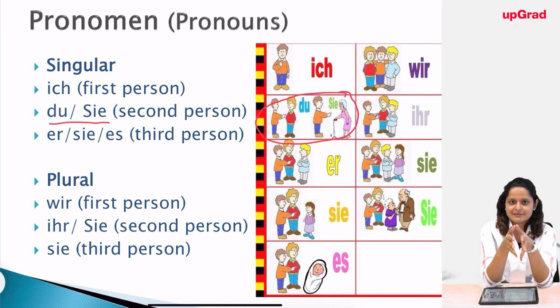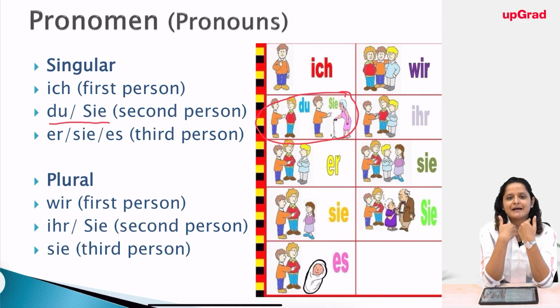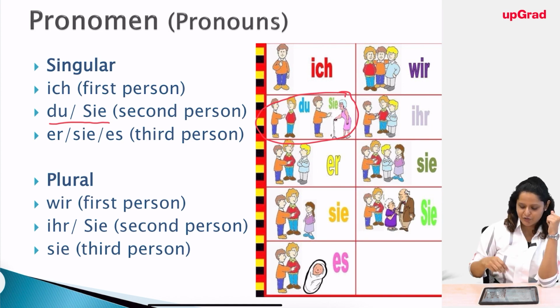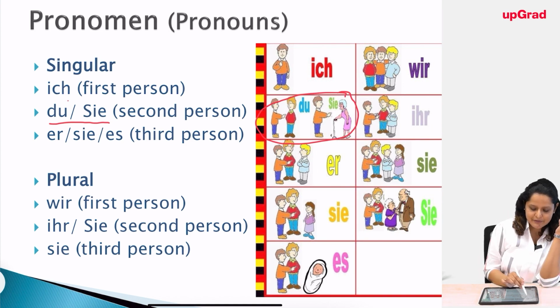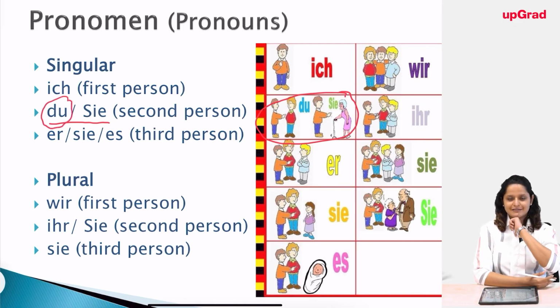Since this person is a friend, my relationship with them is informal. So this is ich and this is du. The informal second person is called du.